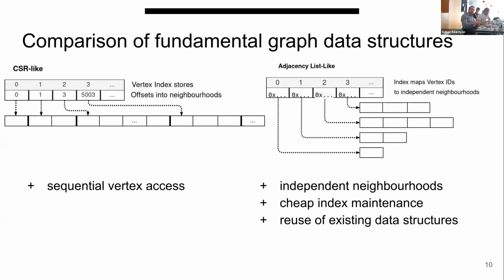That's also what we see in both designs: lazy index maintenance. And then we have the reuse of existing data structures, the third advantage of these designs, because we can use any map data structure for the index, and we can use any set data structure for the neighborhoods. Okay, so this is the comparison.